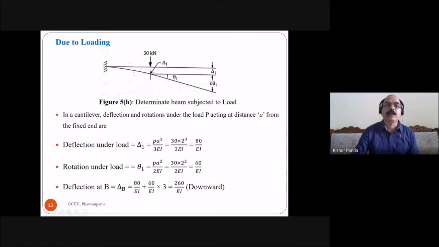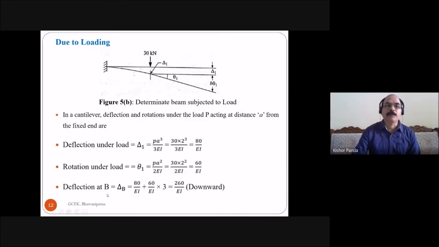After knowing delta 1 and theta 1, you can find the deflection at the free end. The deflection at the free end is equal to delta 1 plus B theta 1, because this distance is B and this angle is theta 1. So delta 1 is 80 by EI, B is 3 meters, and theta 1 is already known as 60 by EI, so 60 by EI into 3.